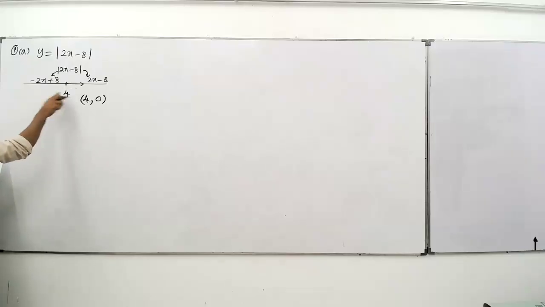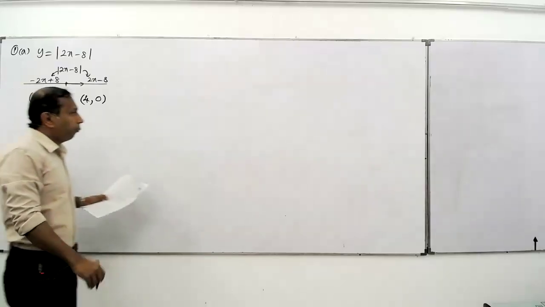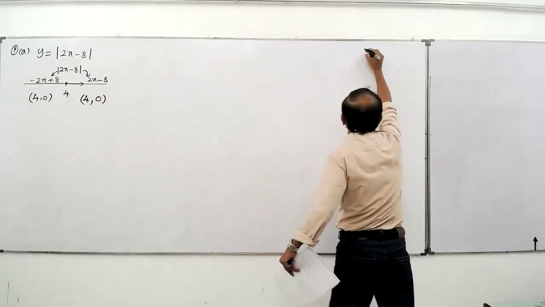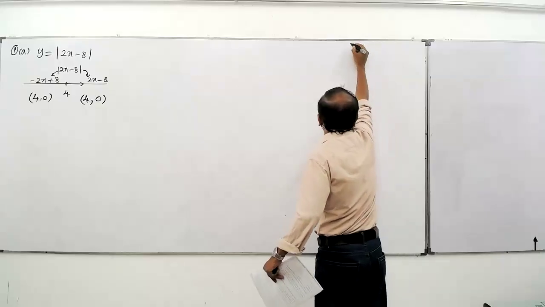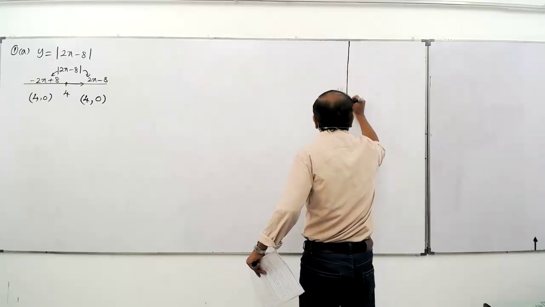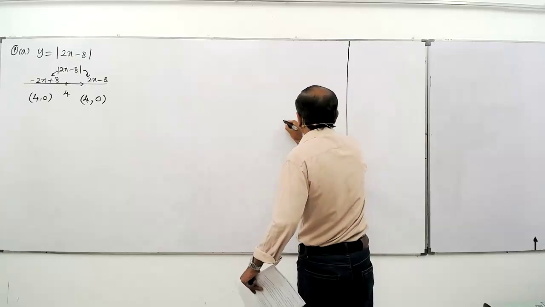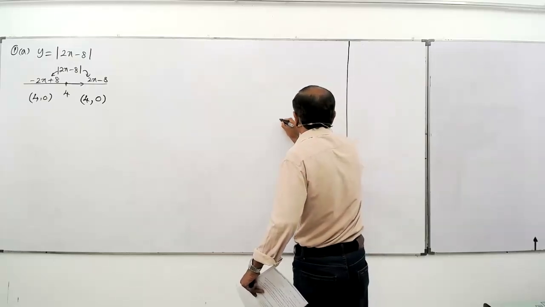Here also, we get the same point when you put x equals 4, y is 0. Right. So that is one point on the x-axis. This way we can draw it. I'll draw that line here. The y-axis is this. Right. This is the x-axis.